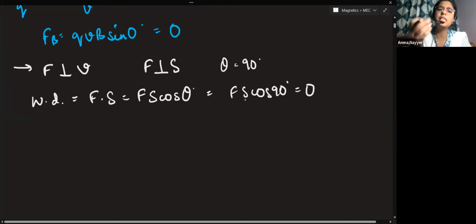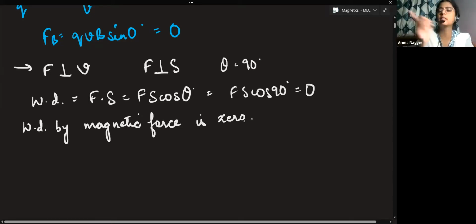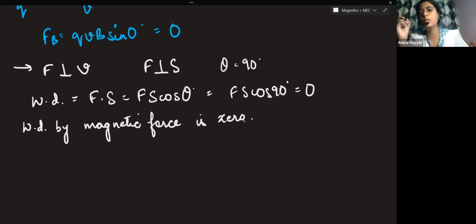Work done by magnetic force. I'll write it down also. From this you can conclude that work done by magnetic force is 0. This is shown by this calculation. Now, in your 11th standard, you have a theorem known as work energy theorem.